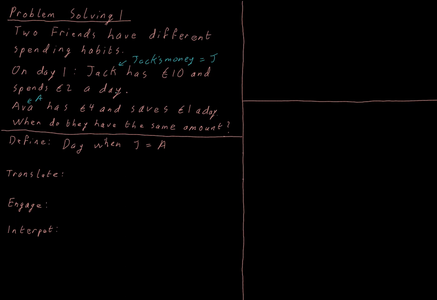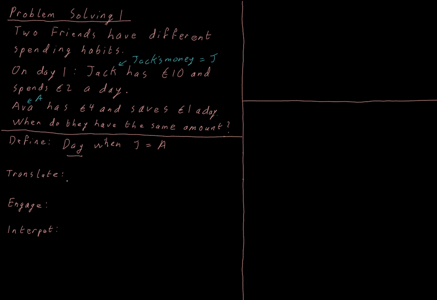So I'm interested in what day does Jack have the same amount of money as Ava? Or does Ava have the same amount of money as Jack? And equals means the same as in maths. So that's my problem defined. I know I'm looking for a day when the money that both of them have is equal.